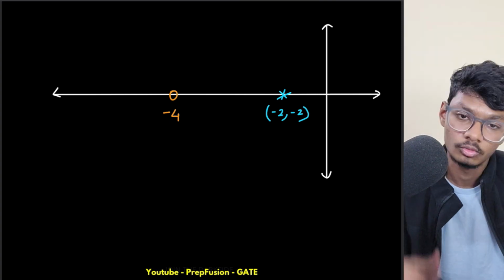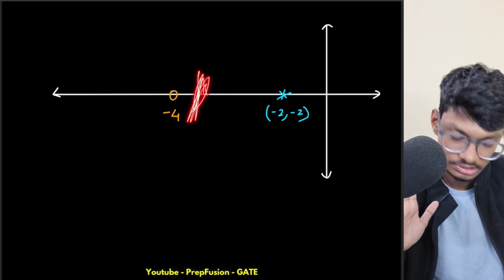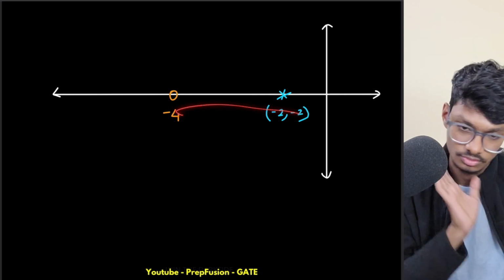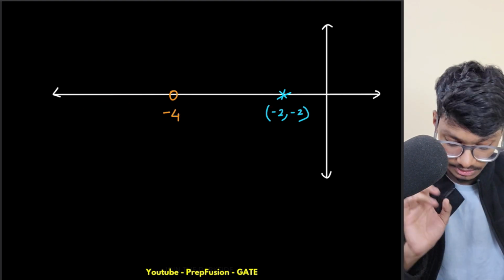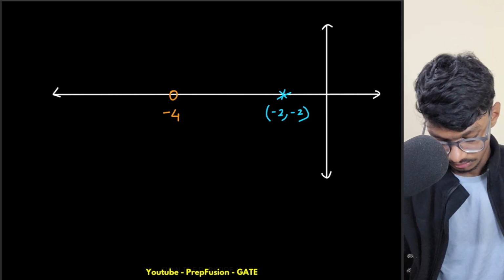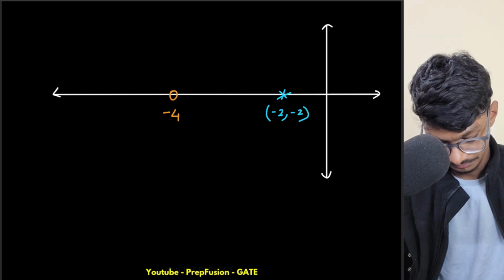So how will the root locus look here? My root locus can't lie here because I have an odd number of poles plus zeros to the right. So it can't lie here. It can lie here, and I have an asymptote on the negative real axis also. So obviously, it will be something like this.